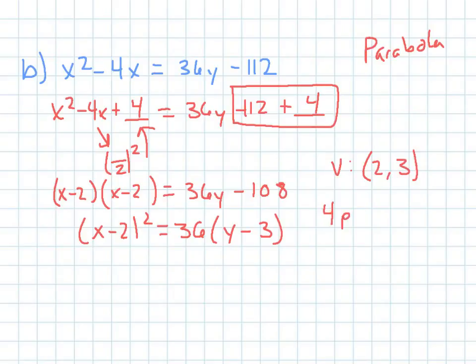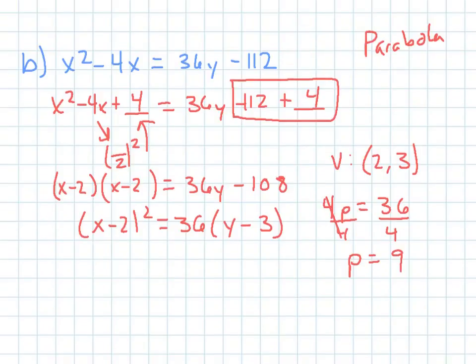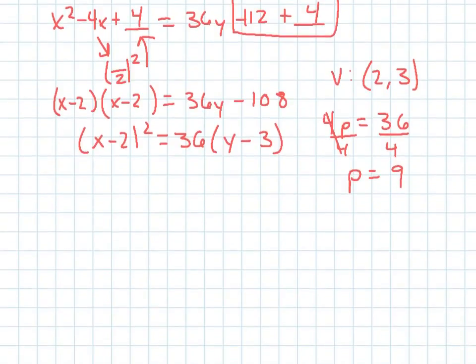My 4p is 36, so if I divide that out, that'll be 9. So my distance from the focus or to the directrix is 9 away from the vertex. Now I also have to identify which axis I'm on, so I have an x squared one, so this opens up or down, but since 4p is positive, that means it opens just up. So you can cancel the down part out.